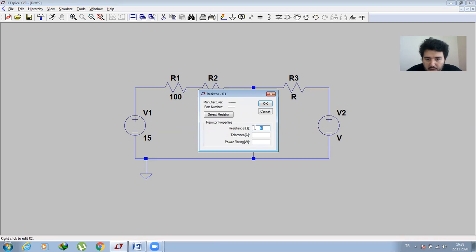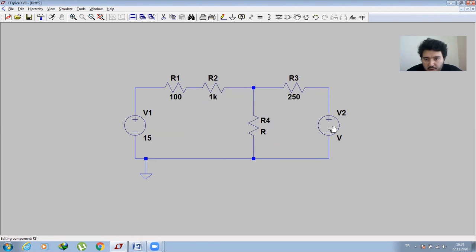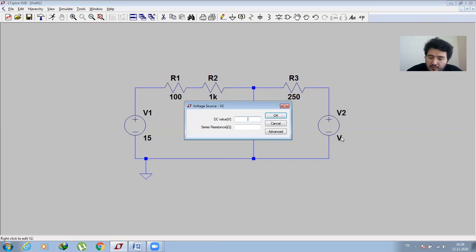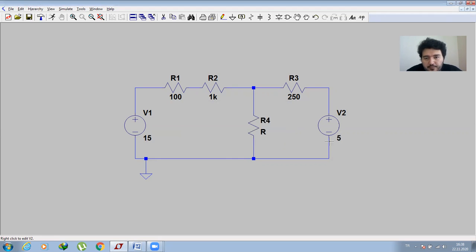Another resistor is here, so I'm assigning 250 ohm for this one, and 5 volt for this one. So this is my load resistance. So I want to create the equivalent Thevenin circuit for this complex circuit.